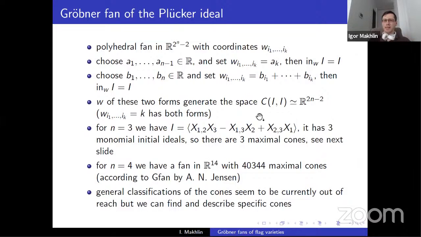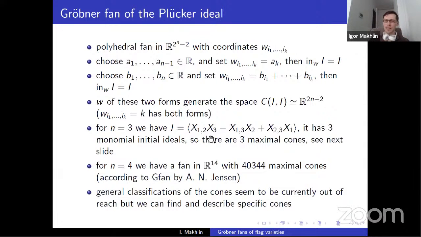And now, let us look at the minimal non-trivial case, the 3-dimensional flag variety, flags in dimension 3. The Plücker ideal is a principal ideal. It is generated by this expression here, and you can easily see that it has 3 initial ideals.